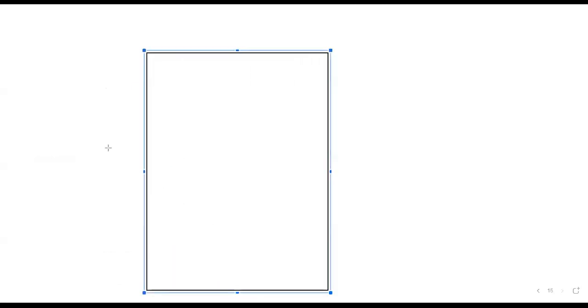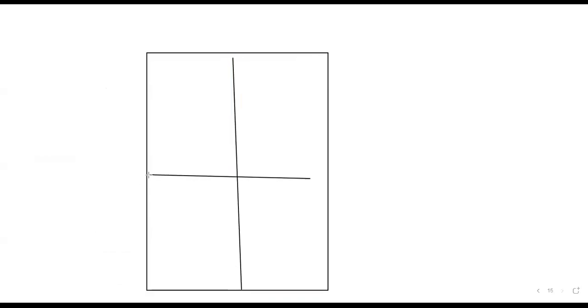So then I will move to the graph paper, right? This is my graph paper. And now you know what to do: you exactly divide this into 2 by taking the bigger ruler and mark the x and y axes.